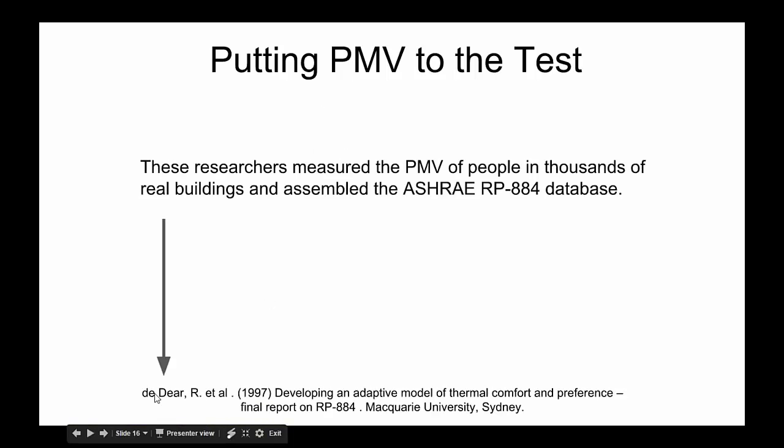And so these researchers, de Dear et al., one of the first ones, although there were actually a lot of researchers before him in Europe especially, went around and did thousands and thousands of surveys and measured the PMV of people in real buildings and assembled this all into one big publicly available database that you can still check out today, all publicly available and online.